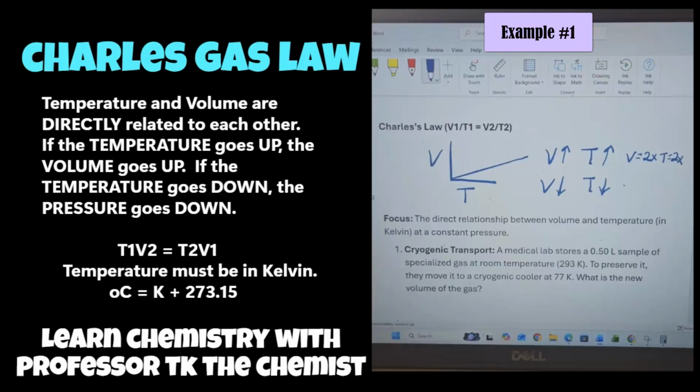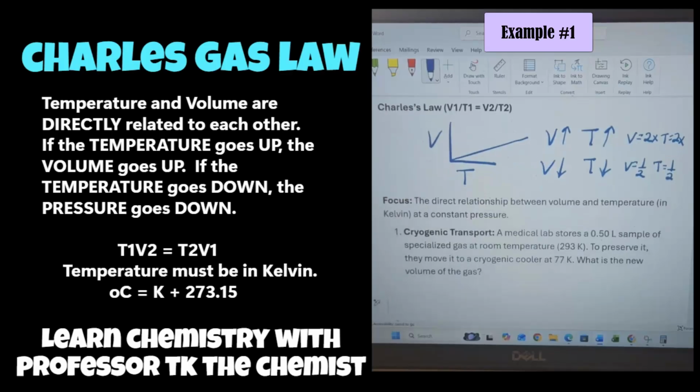I gotta keep it silly so y'all can digest this material in a fun way. If my volume gets cut in half, my temperature is gonna get cut in half. It's easy peasy, all right? Easy peasy. So that's why we say there's a direct relationship between these two variables while we keep pressure constant.